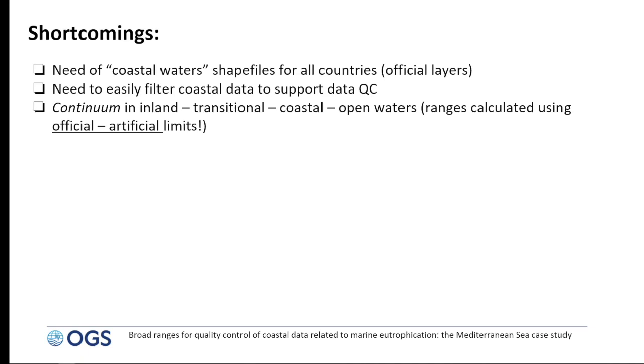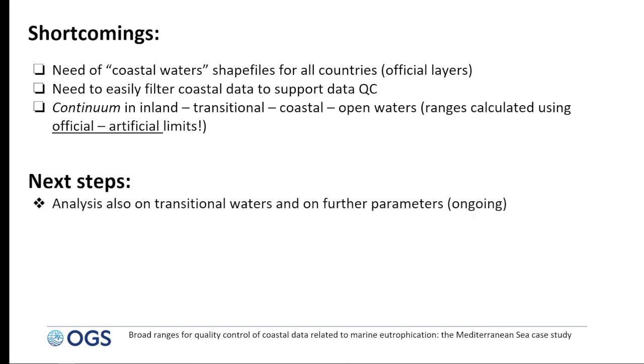And again, I also recapped what was shortly said before by Antonio, that anyway, these official coastal layers are artificial because we know there is a continuum between inland, transitional, and coastal and open water. So even the continental inputs may extend far, far beyond the so-called coastal waters.